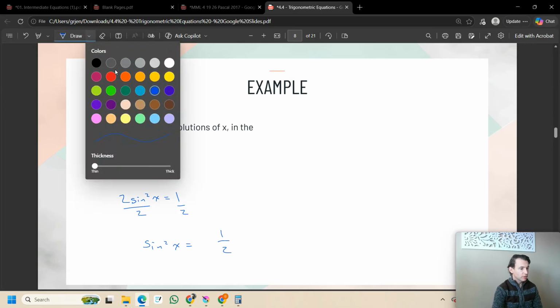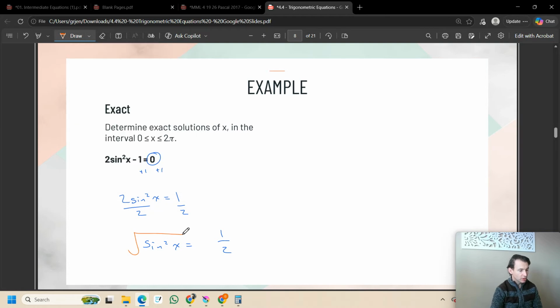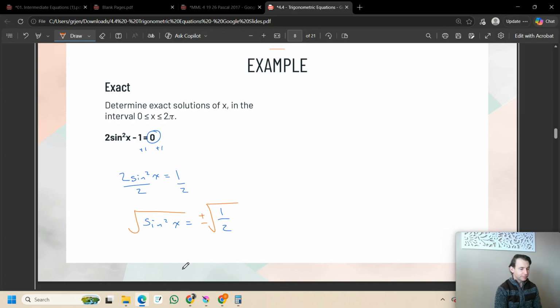And then we do a special move. We're going to take the square root of both sides. Is that correct? It's half correct. So what I need to remember here is to do plus or minus my solution so that I get both of the possibilities for sine x. So this tells me that sine x is equal to plus or minus 1 over the square root of 2.